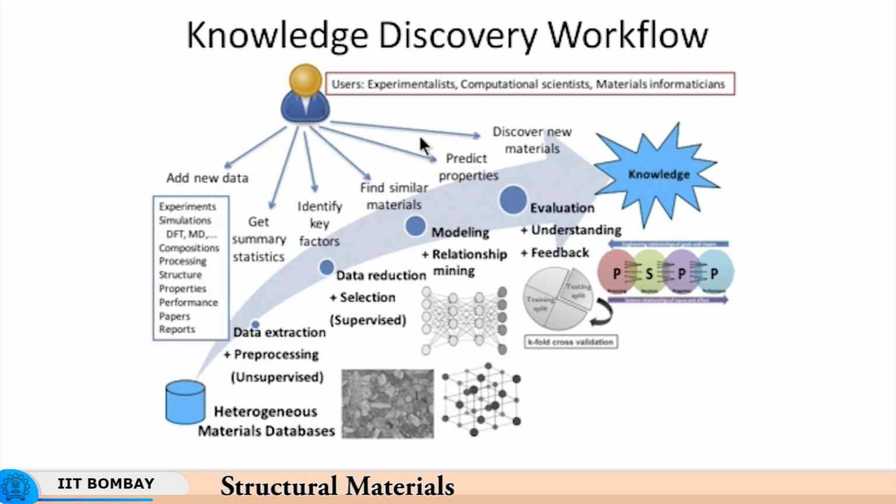So, knowledge is essentially a linkage between these 4 parameters. Information would mean only processing conditions, only properties, only performance parameters and so on, but knowledge would mean the linkage between these 4.